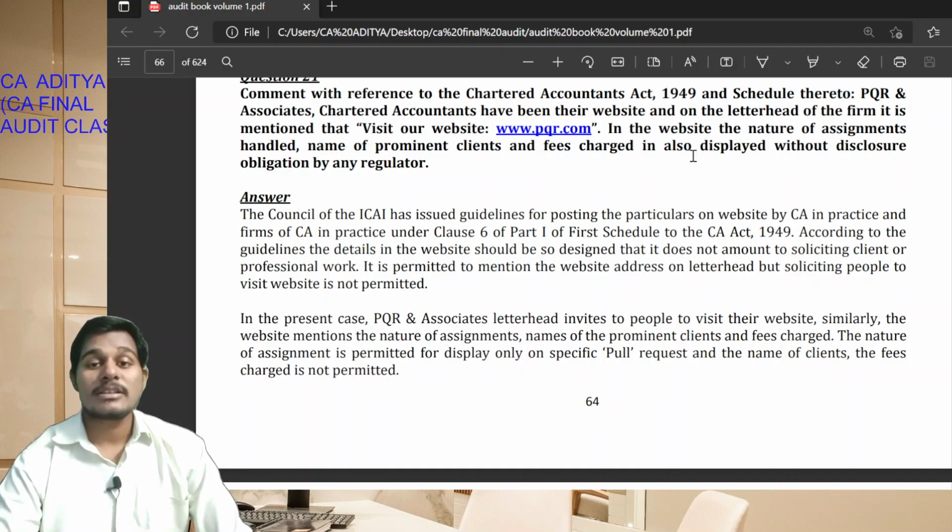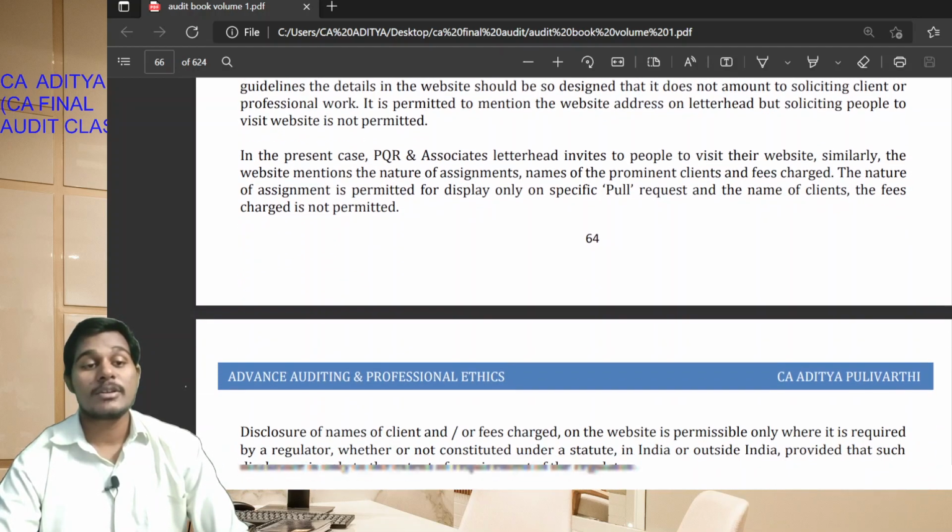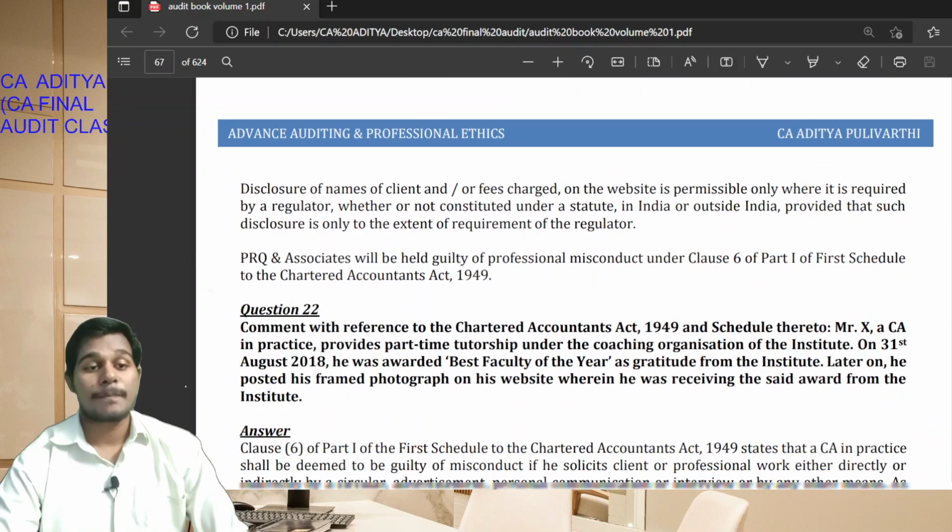In the present case, it is disclosed without any disclosure obligation. So it is not permitted and he will be guilty of professional misconduct.